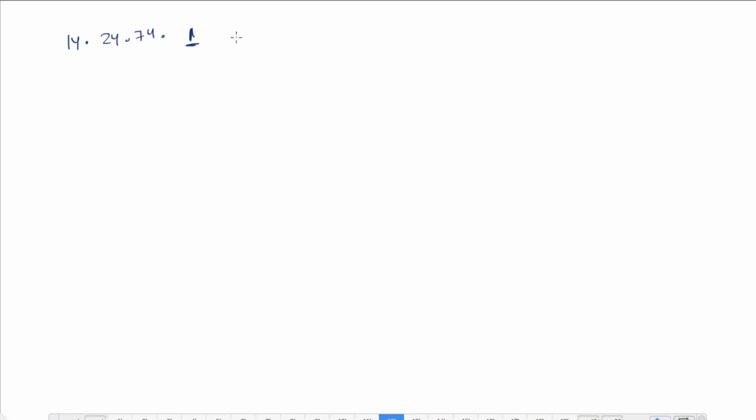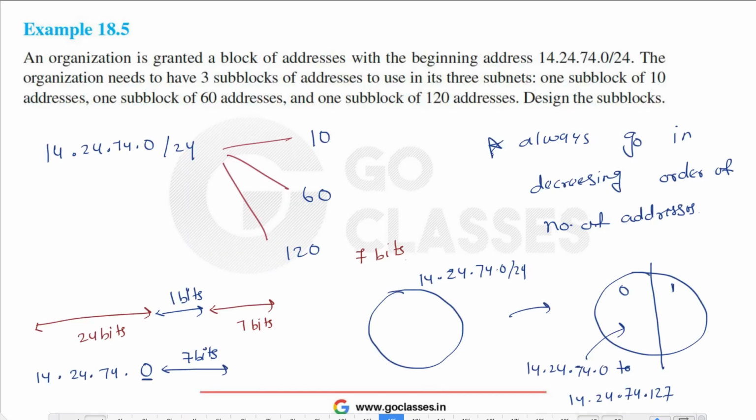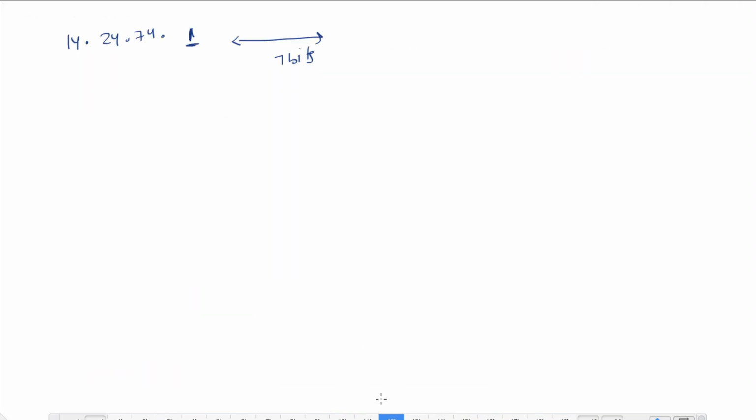These 7 bits are currently the host bits, and you can change them based on the requirement. It says you need 60 addresses, so how many bits will you need within the host ID? You will need 6 bits. With 6 bits you can have 64 addresses, so you just need 6 bits here.